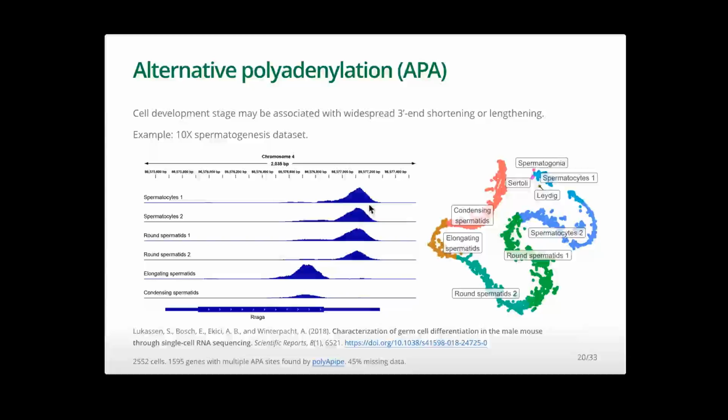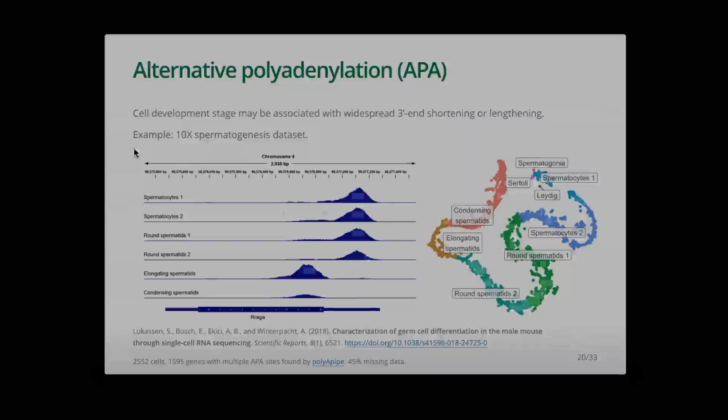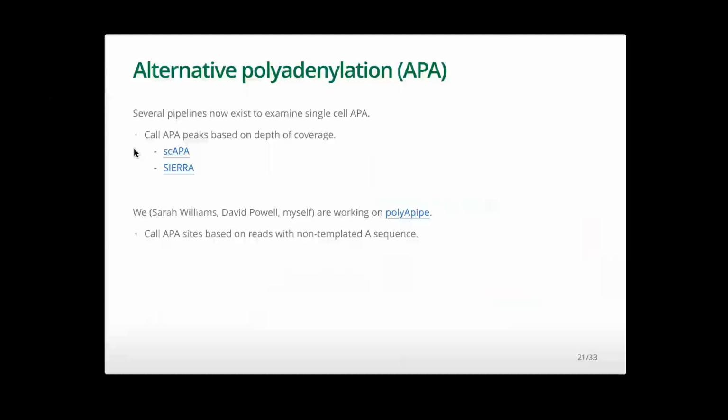But you can clearly see there's a switch from one site to another. And we see this sort of APA to do with various things to do with developmental stage, or whether a cell is dividing quickly or not, that sort of thing.